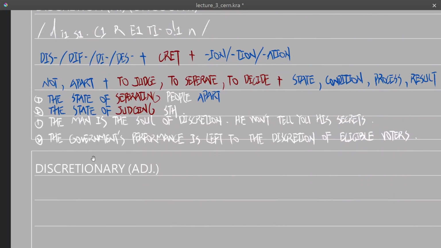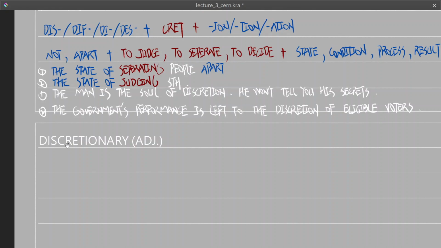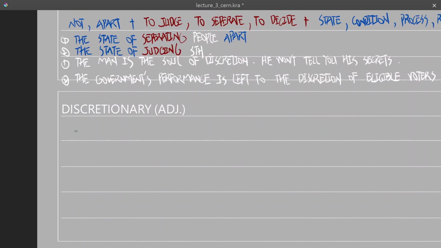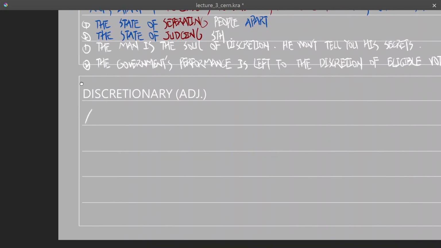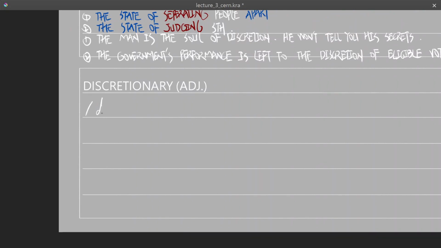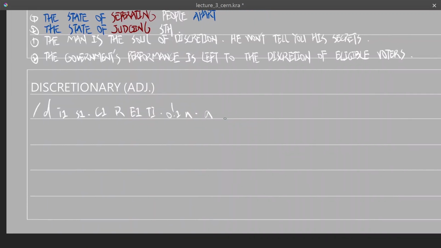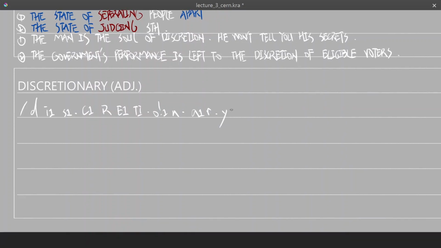Okay, let's move on to the next one. Discretionary. Discretionary. The fourth syllable has the E sound, discretionary.